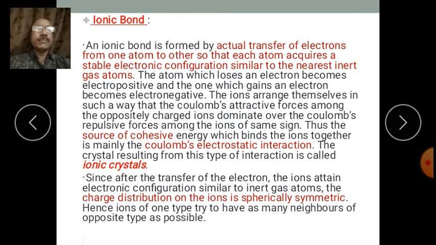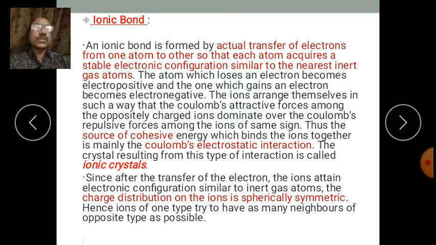The ions arrange themselves in such a way that the Coulomb's attractive forces among the oppositely charged ions dominate over the Coulomb's repulsive forces among the ions of the same sign.